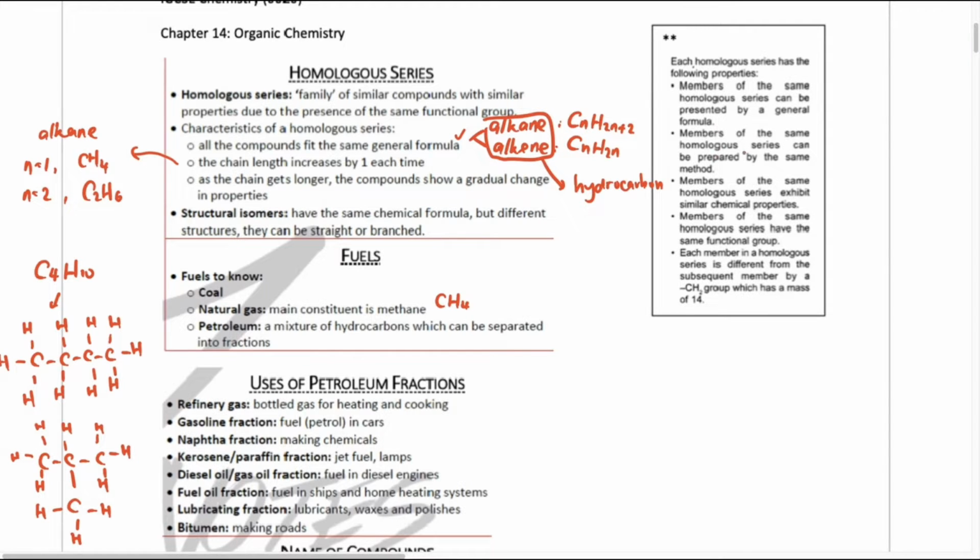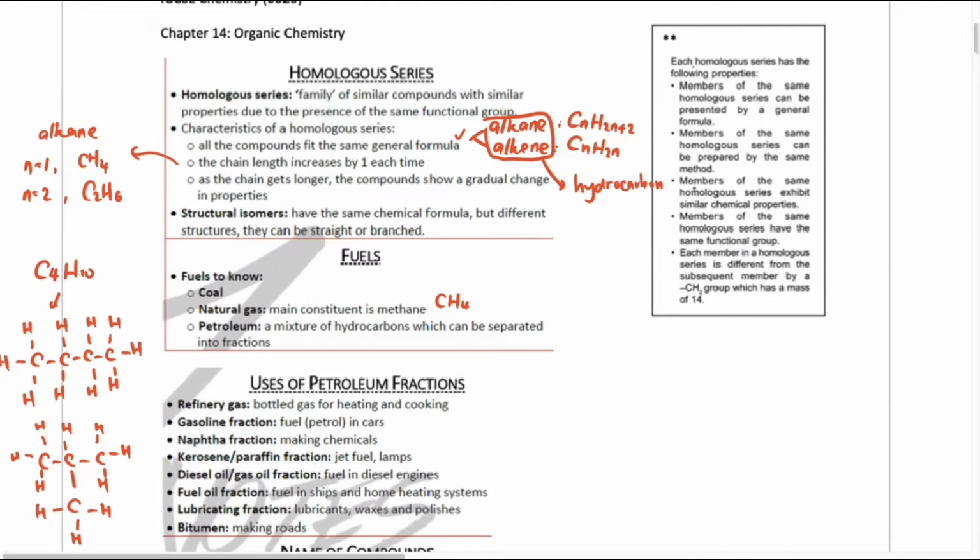Members of the same homologous series can be prepared by the same method. So for example, if you want to prepare alkene, one of the ways is dehydration of alcohol. It works for all the members in alkene; all of them can be prepared this way.